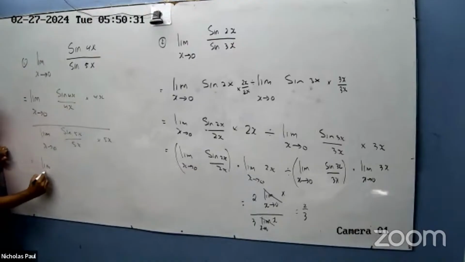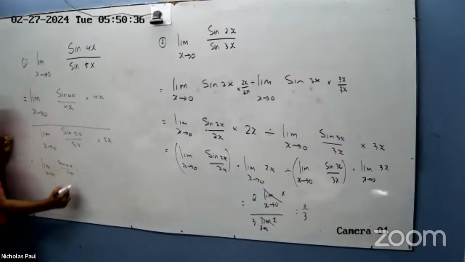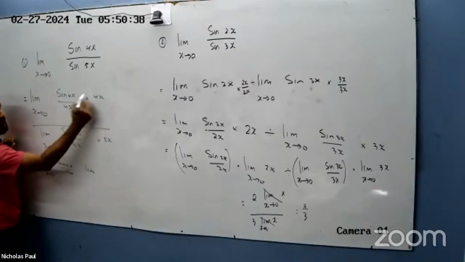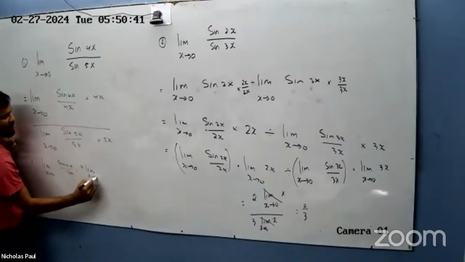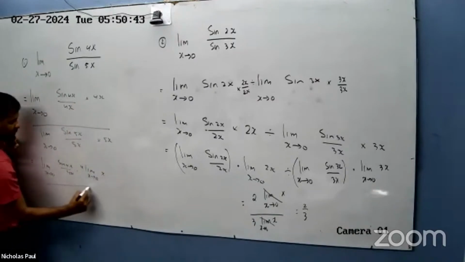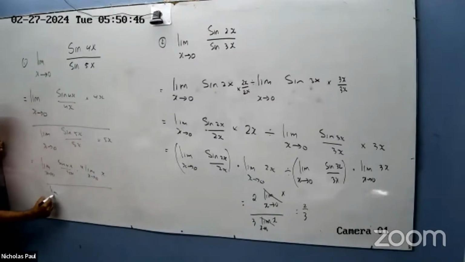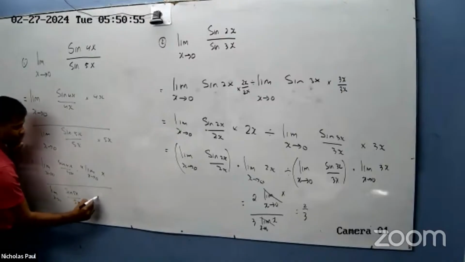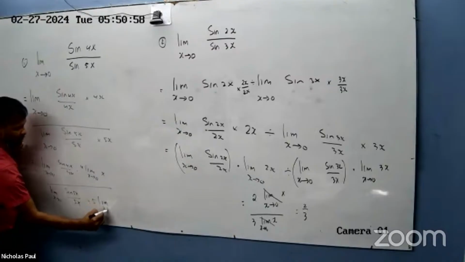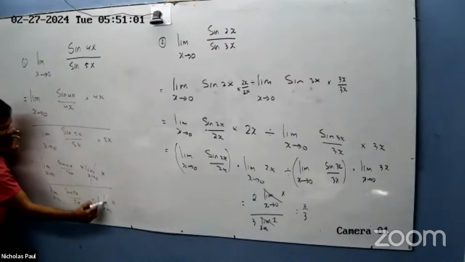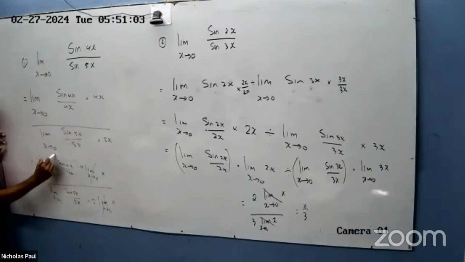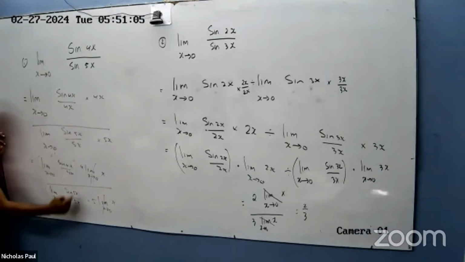The limit as x approaches 0 of sine 4x on 4x, multiplied by the limit, you can put the 4 in front one time, as x approaches 0 of x, all over the limit as x approaches 0 of 5x. This will cancel off and this is 1. So you'll end up with 4 over 5.